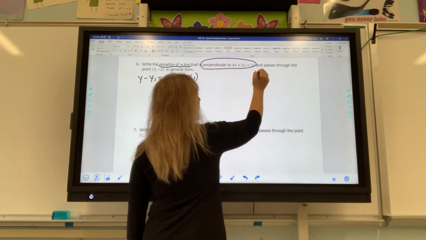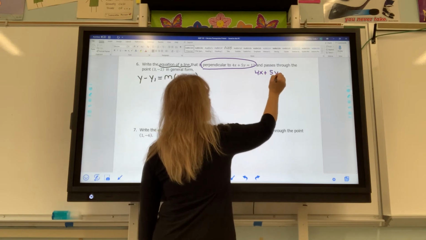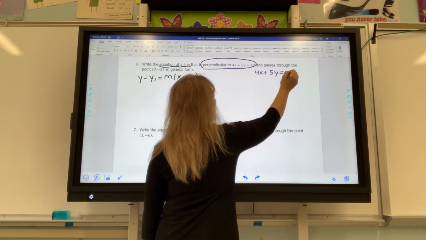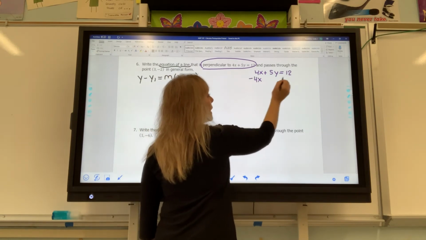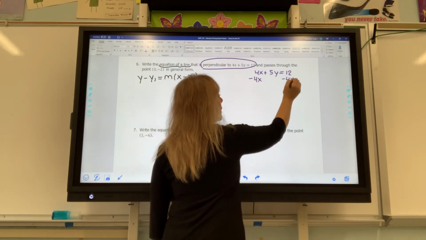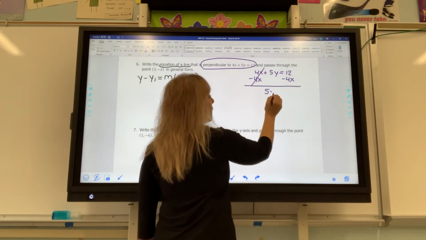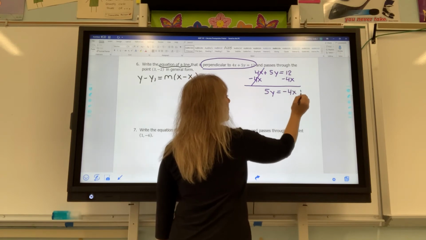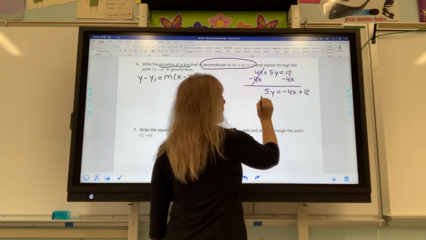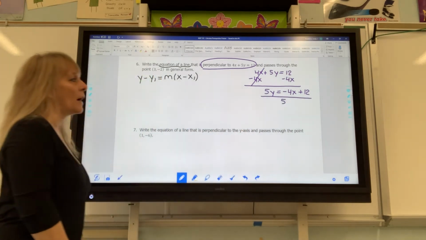So off to the right, I have my 4x plus 5y equals 12. I'm going to solve for y by subtracting 4x from both sides first. That will give me 5y is equal to -4x plus 12. And then I'll clean it up as I go, but I'm going to divide everything by 5.